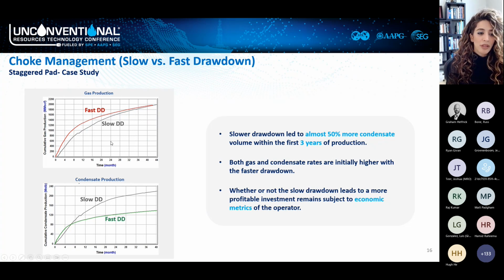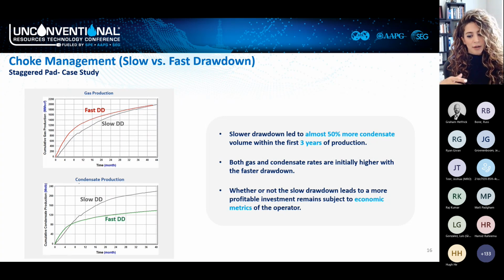Obviously, both gas and condensate rates are initially higher with the faster drawdown. And if you're interested in your cash flow in the first year or 2 years or whatever that economic metric is, it's a no-brainer that the fast drawdown will have that attractive short-term production.